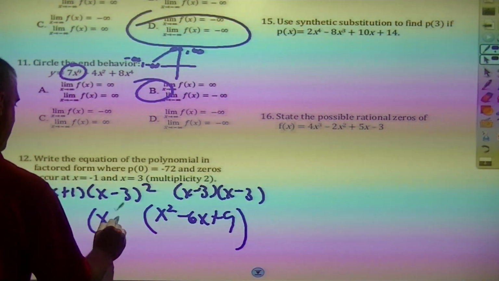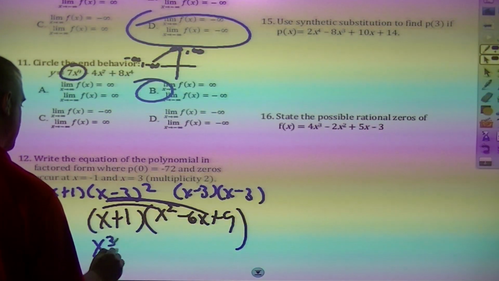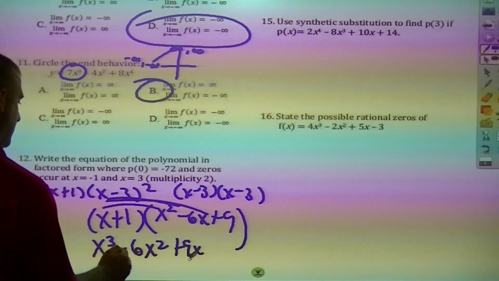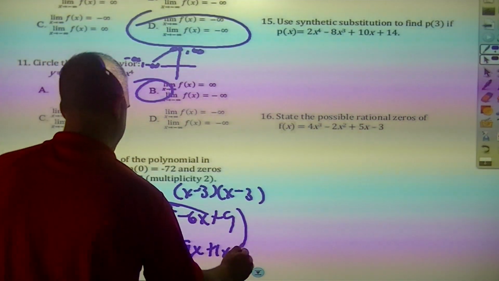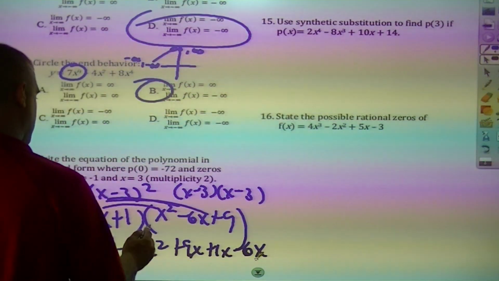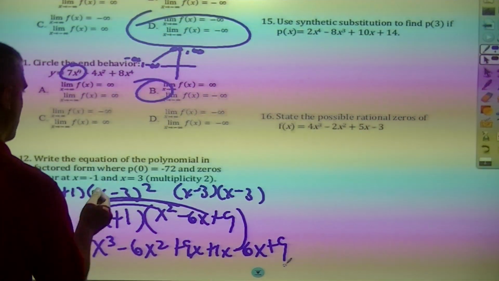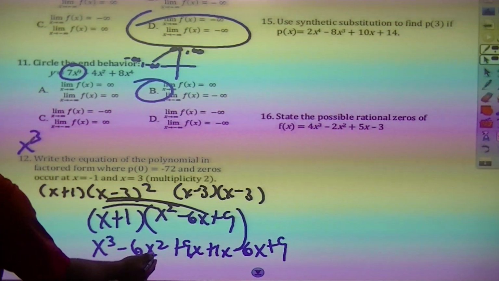And then I multiply by x plus 1. So it's x cubed minus 6x squared plus 9x plus 1x minus 6x plus 9. So what this polynomial is here, I'm going to write that up here, would be x cubed.